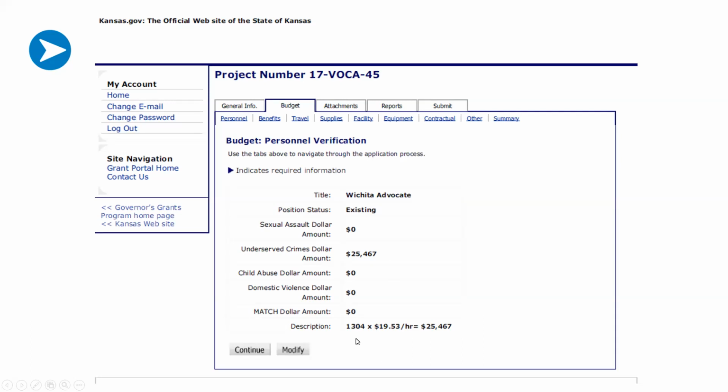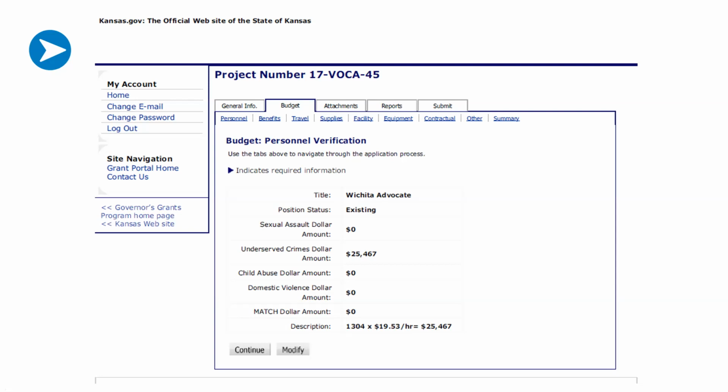In this case, this person was expected to work 1,304 hours a year times the rate of $19.53 per hour. And that's how we got the $25,467. So in this case, they actually used the dollar hourly rate to calculate the time you would charge the grant for this position.